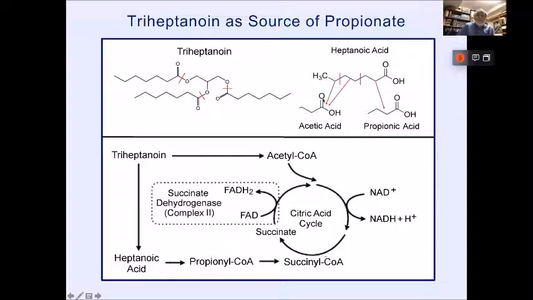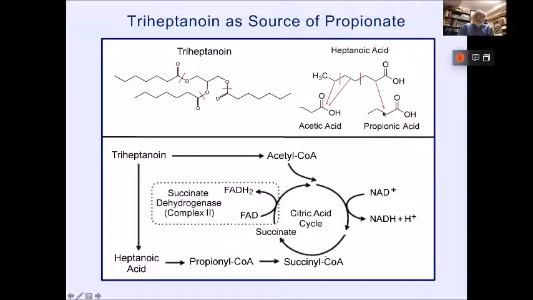In the syndromes that are treated with this propionic acid, they want it to be converted into succinate, which it is, but it must go through propionate to begin with. But what I found in testing some children who are taking triheptanoin, you don't have to know this, is that the most abundant acyl group in the blood is not C3, but C5. So the first step in the metabolism of heptanoic acid is to break it down into pentanoic acid, 5 carbons, and that's what's most abundant.